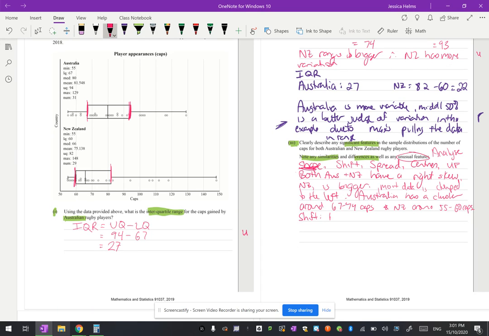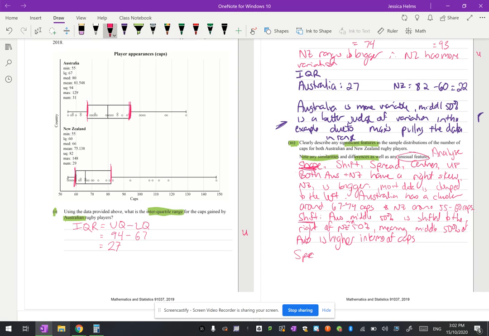So the Australian middle 50% is shifted to the right of the New Zealand middle 50%, meaning the middle 50% of Australia is higher, which is kind of obvious in terms of caps. Okay, that's pretty basic.